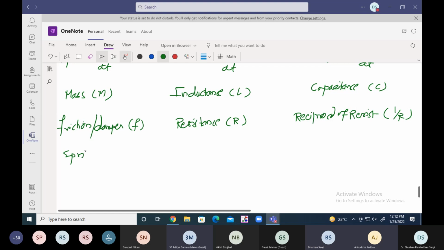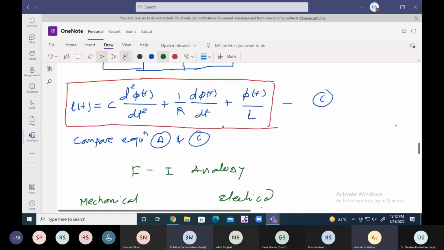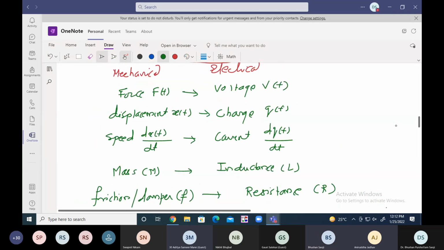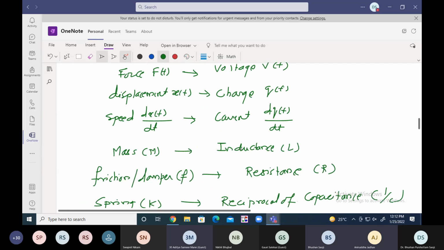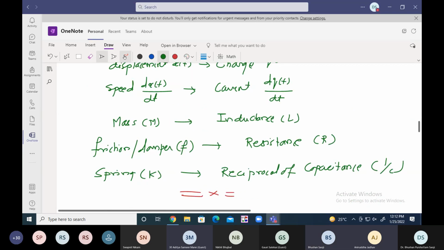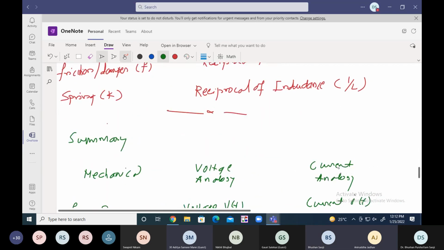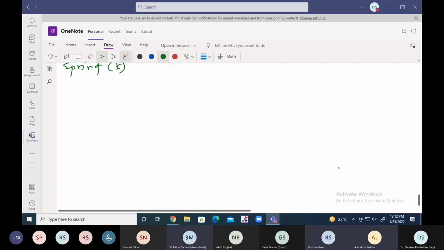And then the spring K. Here in F to V analogy, spring is nothing but the reciprocal of capacitance, and in the other it is the reciprocal of inductance.